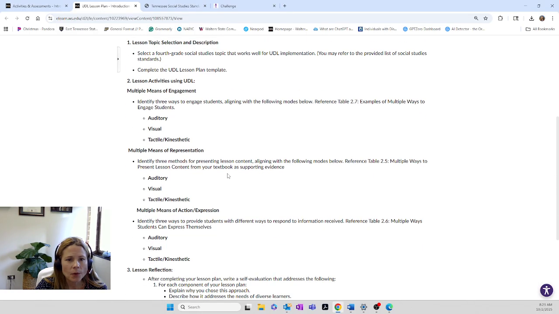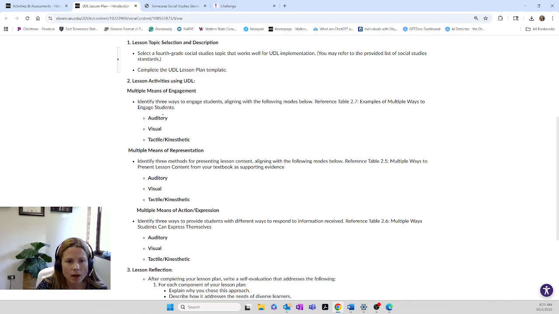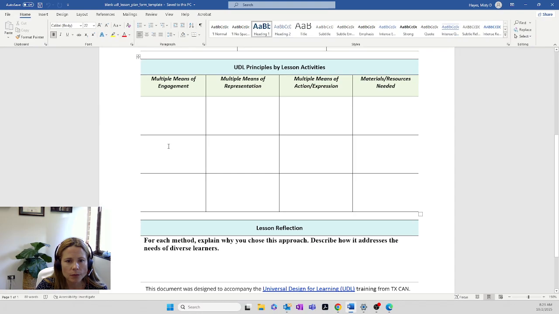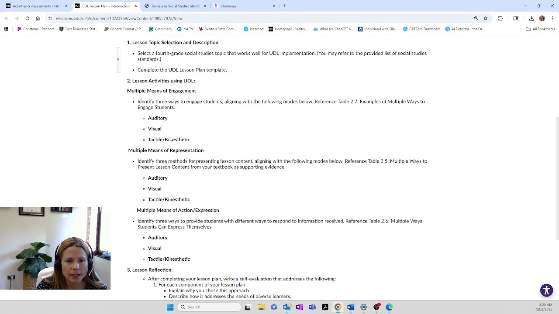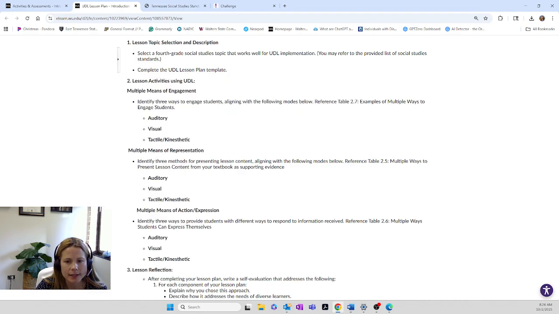So I broke it down a little bit for you. Underneath multiple means of engagement in this section here, okay, remember you have to list 3. The first one is auditory. So right here you would put in an auditory approach. Then the next one would be visual. So then you would put in a visual approach. And then the last one would be tactile kinesthetic.